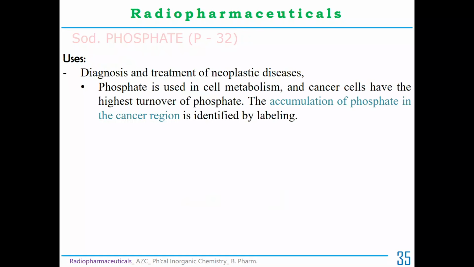Uses: diagnosis and treatment of neoplastic diseases. Phosphate is used in cell metabolism, and cancer cells have the highest turnover of phosphate. The accumulation of phosphate in the cancer region is identified by labeling.